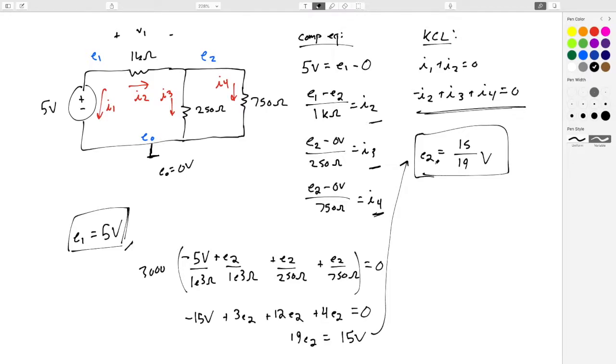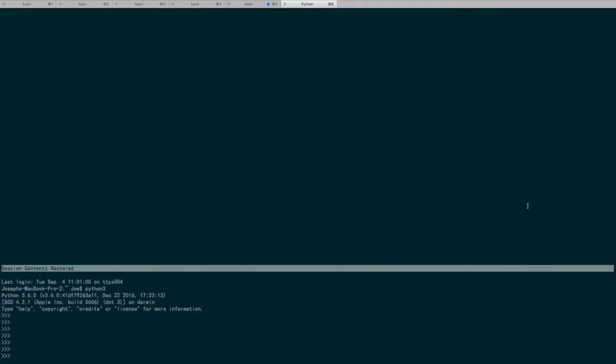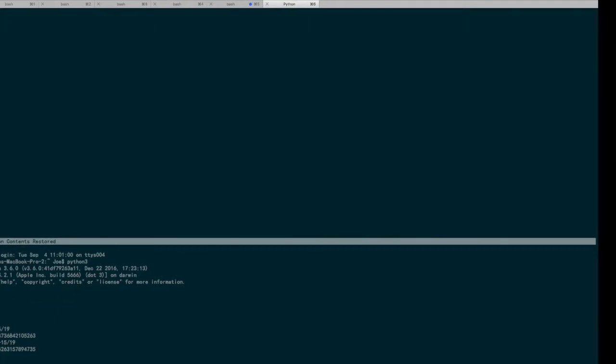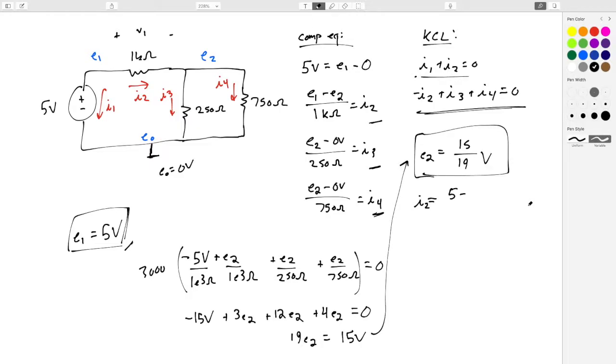So we have those. We can now go back and figure out our currents as a result as well. I1 we don't know yet because it's going to be based off of I2, but we can say I2 equals 5 minus 15 over 19. You could have kept these in fractions, I just don't want to.